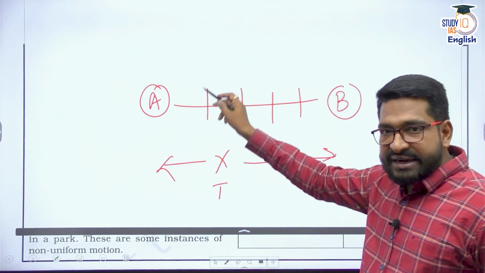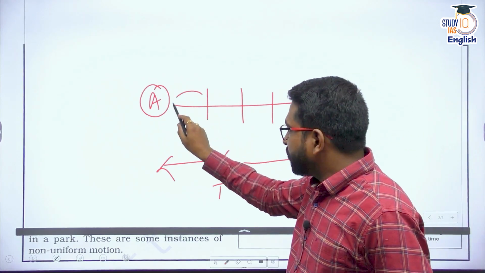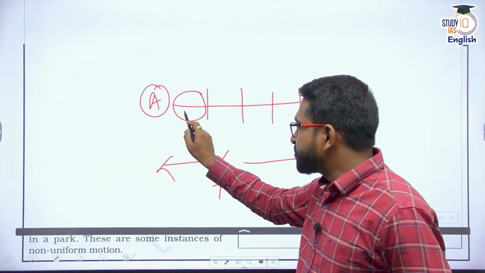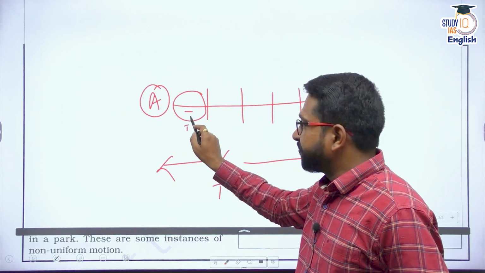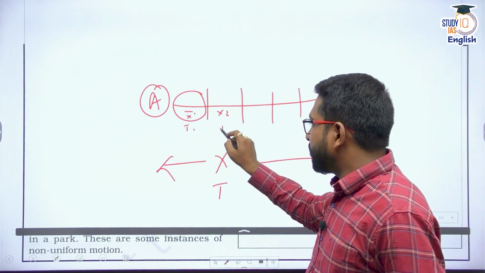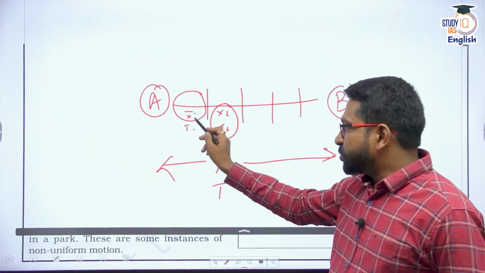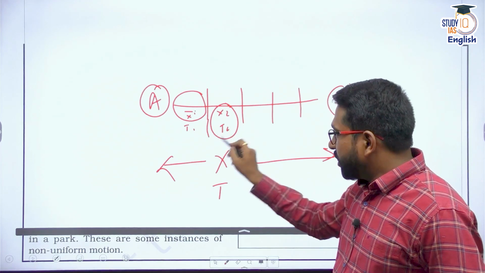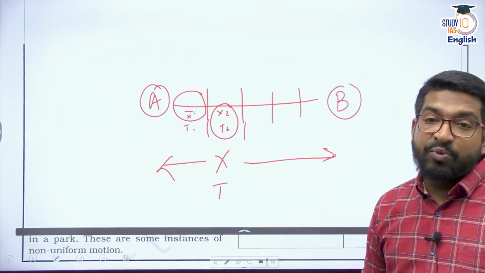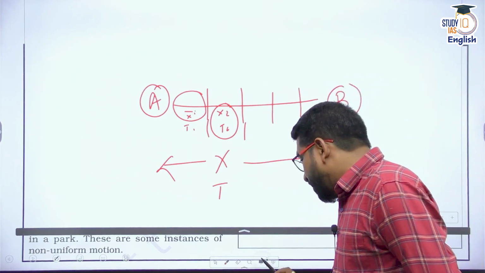And if I divide this entire journey into different segments, then I will see that during this particular period, the distance would be same, the time taken would be same. That means x1, t1 would be same. So this is called uniform motion. When I divide this into segments, if you take any ratio of distance by time, all these would be same. That amounts to uniform motion. But if these things are different, it becomes non-uniform motion.